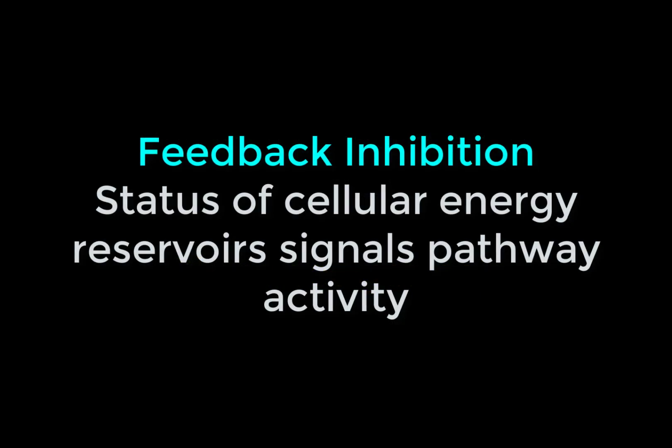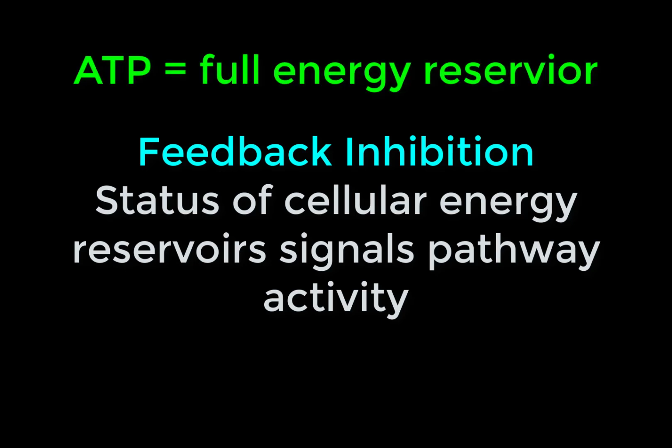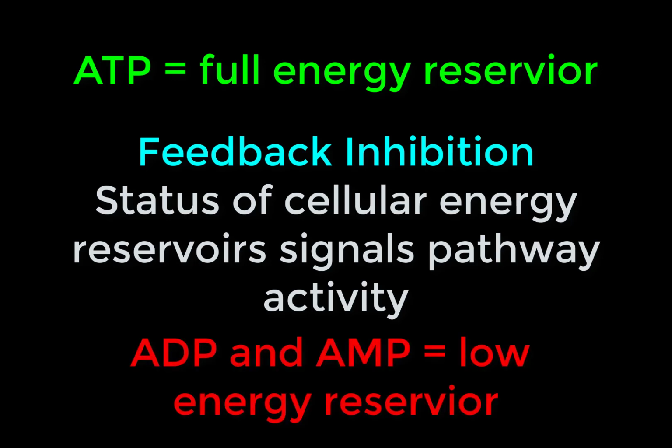So the idea is that the current energy state of the cell is signaled by the presence of molecules. So for example, when the cell has plenty of energy, there's a really high concentration of ATP. But when there's not enough energy, the concentration of ATP is low, but the concentration of ADP and AMP are really high.